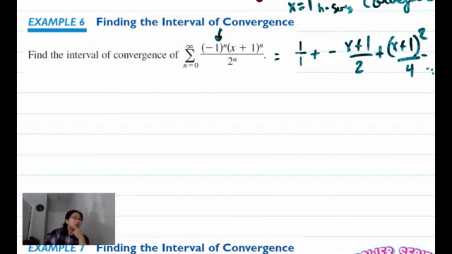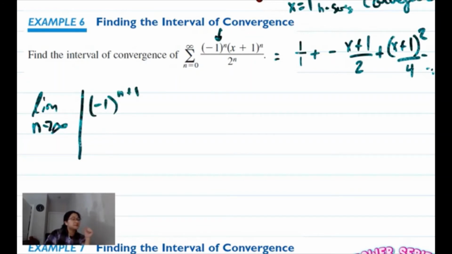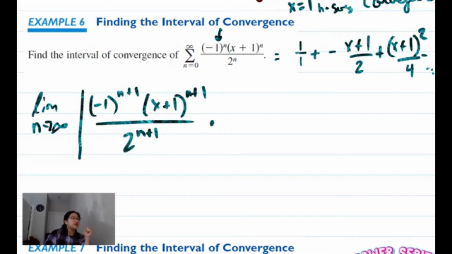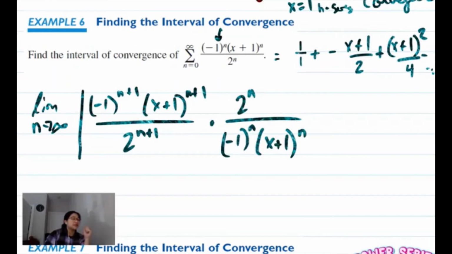Our interval of convergence is going to depend on our ratio test. The limit as n approaches infinity, let's look at our next term: (-1)^(n+1) (x+1)^(n+1) over 2^(n+1), times 2^n over (-1)^n (x+1)^n.